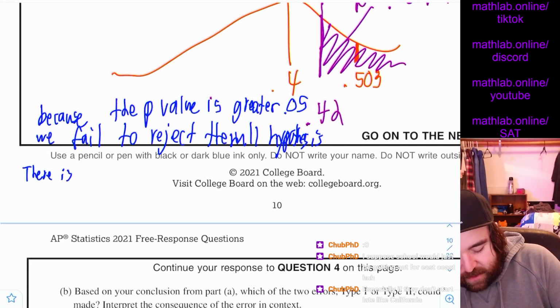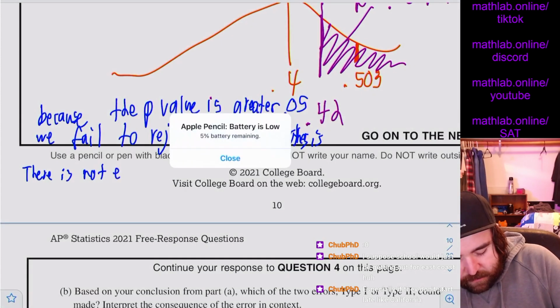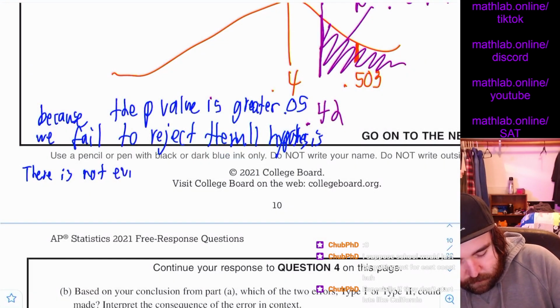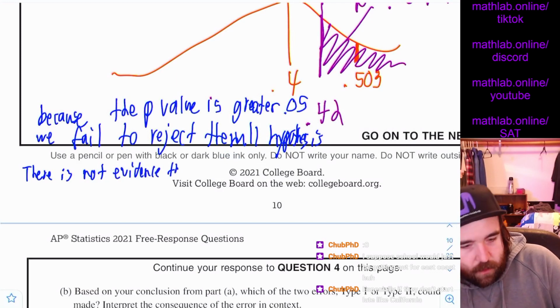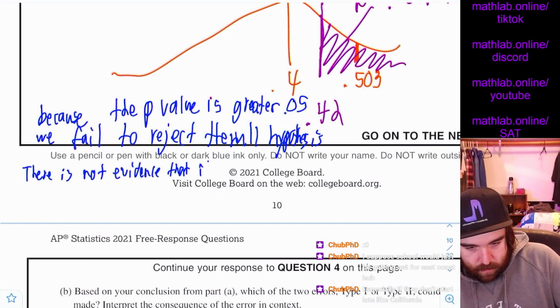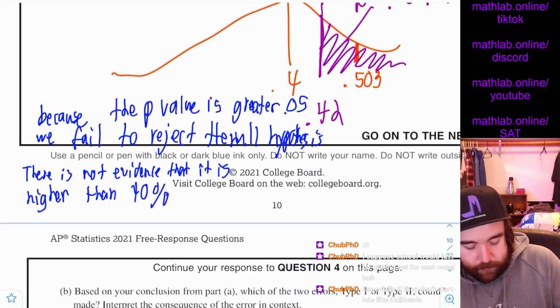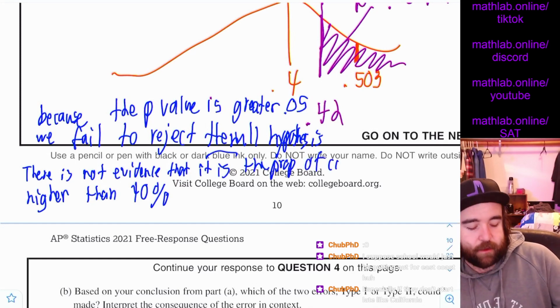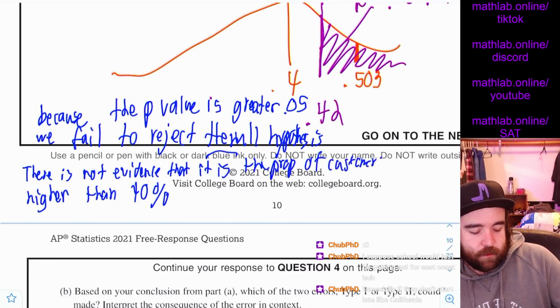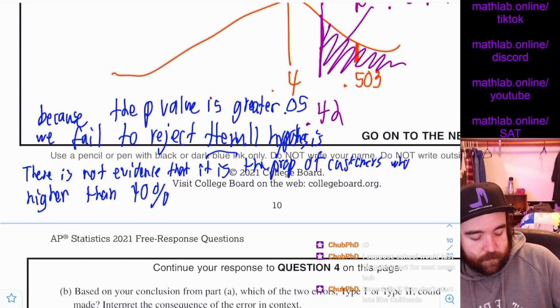There is not evidence that it is higher than 40%. What is higher? The proportion of customers who come back with $10 coupon.